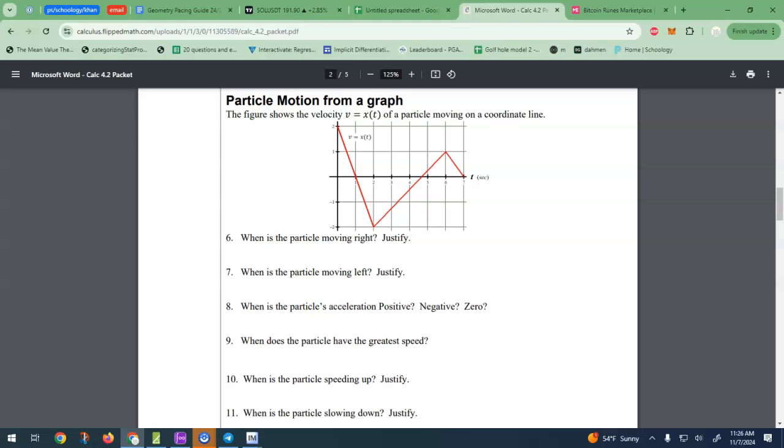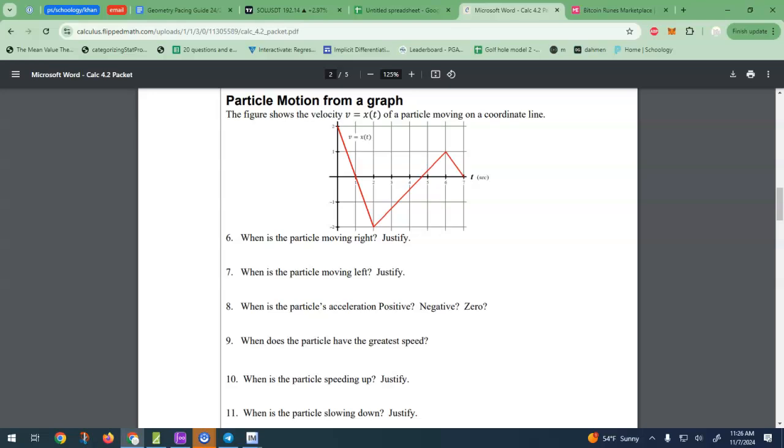So you're going to say from 0 to 1. I put a bracket around the 0 because when x equals 0, the velocity is positive. I want to include 0 because the velocity is positive. I'm not including 1 because what's the velocity at 1? 0.